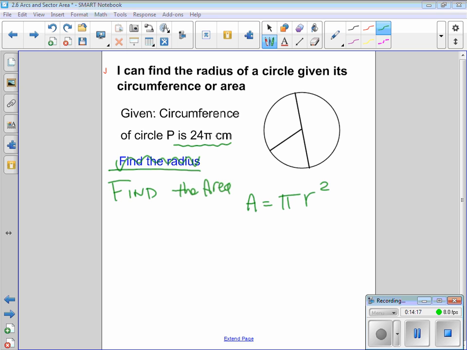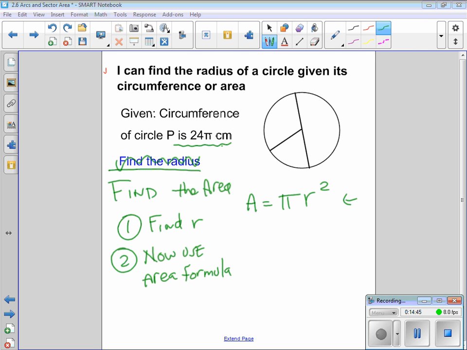So what your problem skills would need to be is, hey, in order to use the area formula, I need to know the radius. So as we just took the circumference and found the radius, your problem solving skills need to be such that you say, well, first, to answer this problem, I'm going to have to go find the radius by using the circumference formula, right? And then once I found r, then I could plug that into the area formula to find the area.